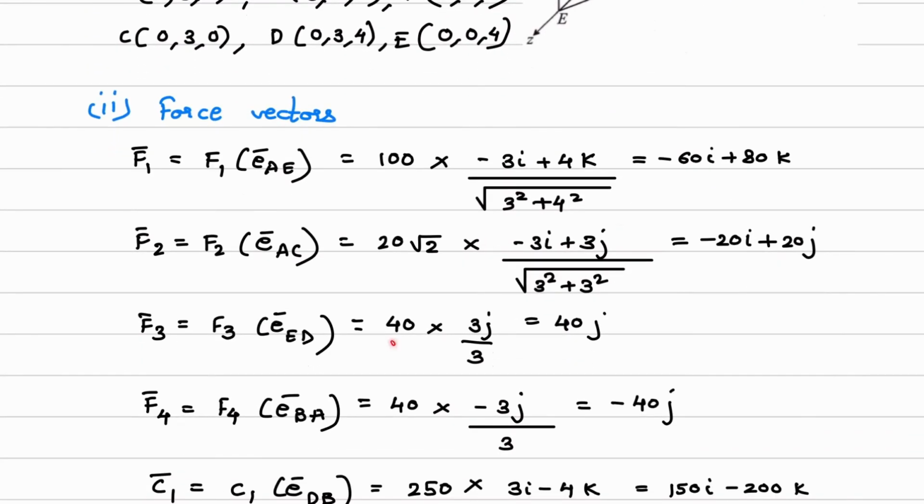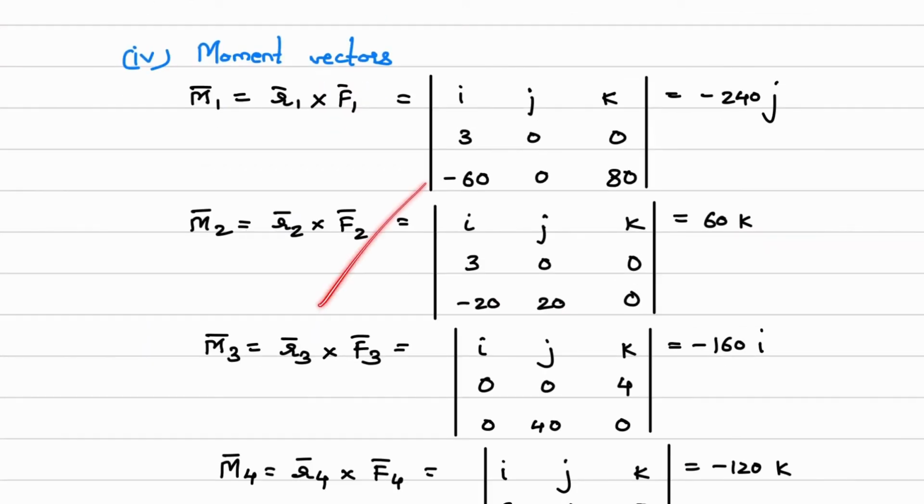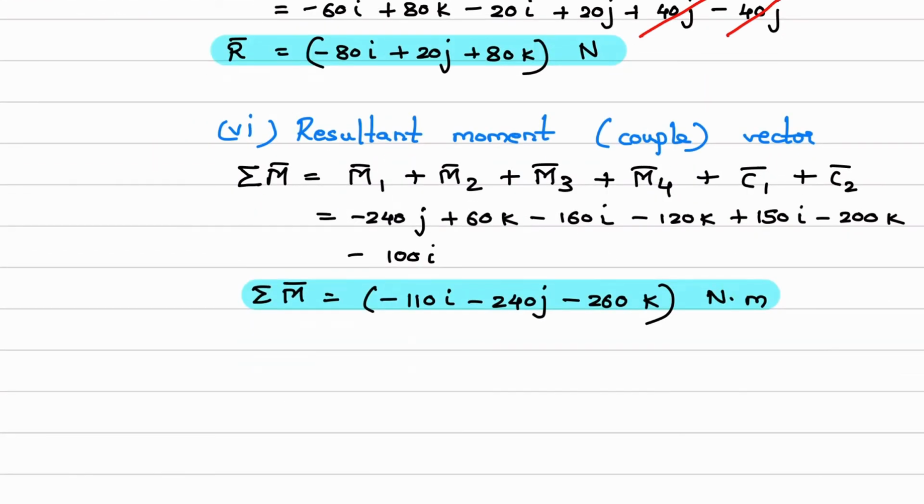Then force vectors and position vectors; using these we calculated moment vectors. Then we added all the force vectors to get the resultant force vector, and added all the moment vectors and couple vectors to get the resultant moment couple vector. So with this we have completed forces in space.